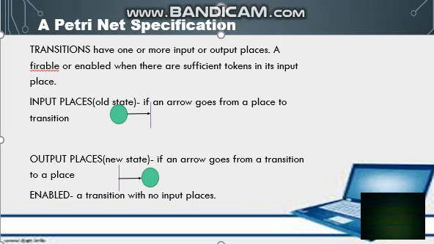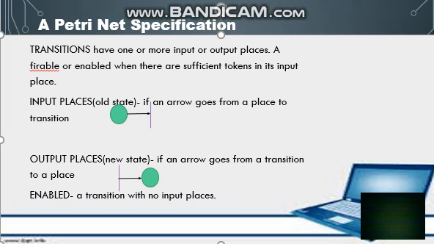The input place is indicated as the old state, and it is an arrow that goes from a place to a transition, like this one. And the output place, also called the new state, is when an arrow goes from a transition to a place, indicated as this one.